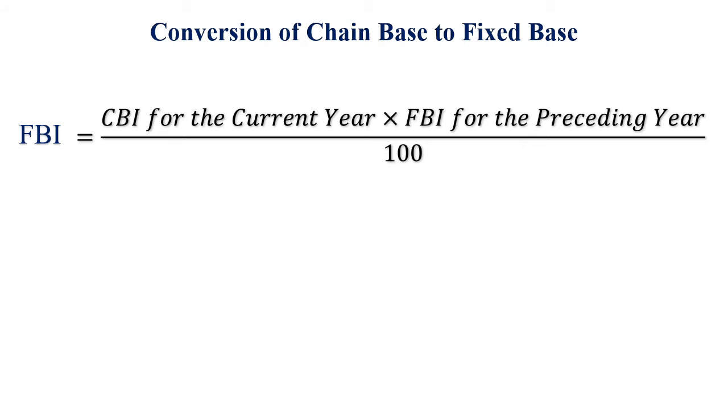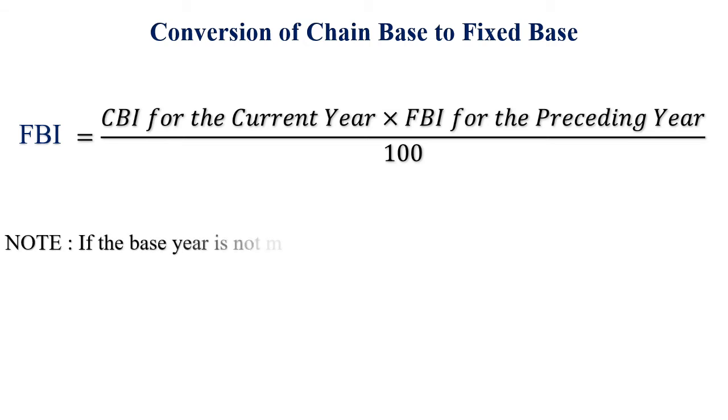CBI for the current year multiplied by FBI for the preceding year. That means you are going to use here the answers which you calculated for the preceding year. Say for the year 2008 you calculate FBI from CBI, and then for 2009 you use CBI of 2009 and FBI of 2008 to calculate FBI of 2009. That's how you calculate it here.